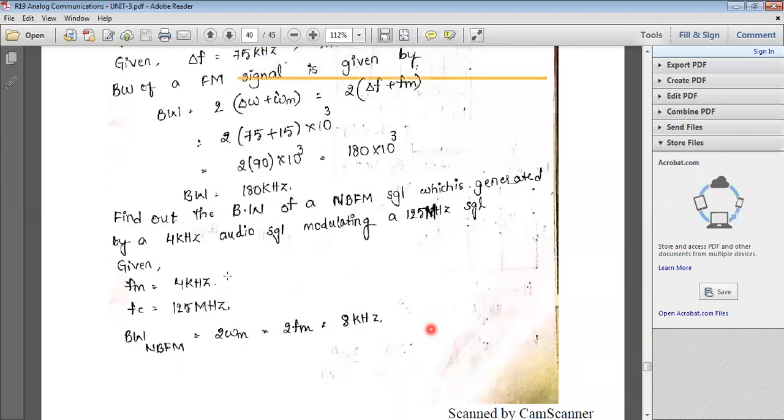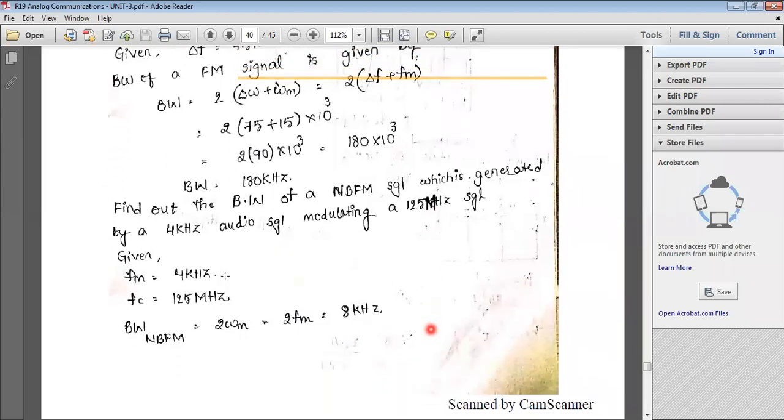Now what are the given parameters? Fm is equal to 4 kilohertz. How do you know Fm? Since it is mentioned as an audio signal, you take Fm as 4 kilohertz, and it is modulating a carrier signal of 125 megahertz.